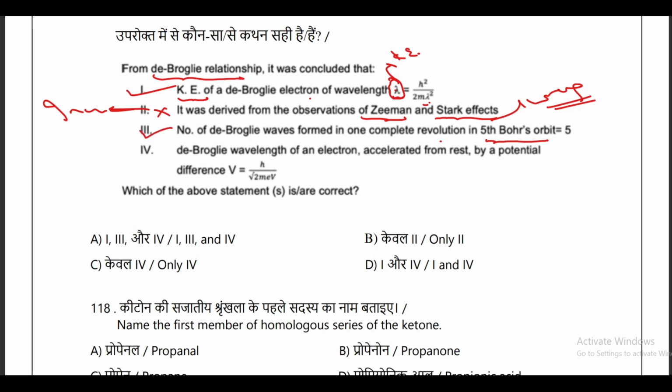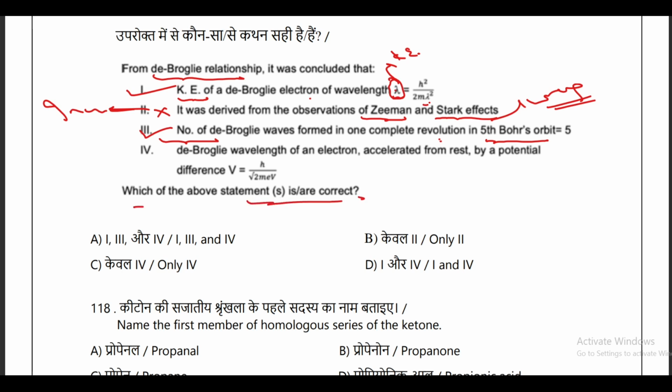Actually according to de Broglie hypothesis and Bohr's quantization condition, an integer number of de Broglie wavelengths must fit into the circumference of the orbit. So for the fifth orbit, it would indeed be 5 de Broglie wavelengths. So the third statement is also correct, and at the end you have to mention correct statements in your answer.